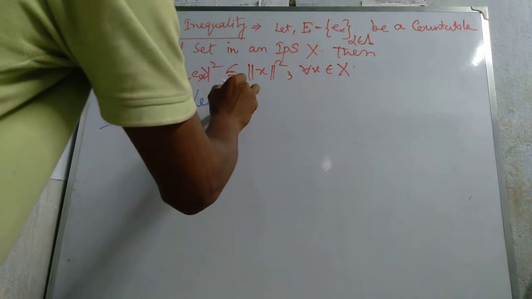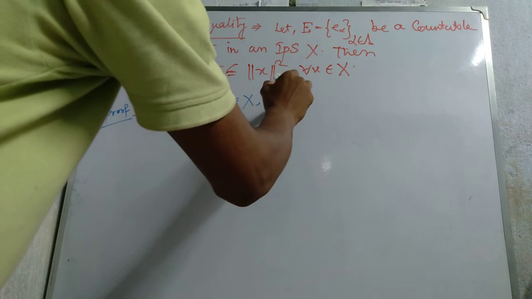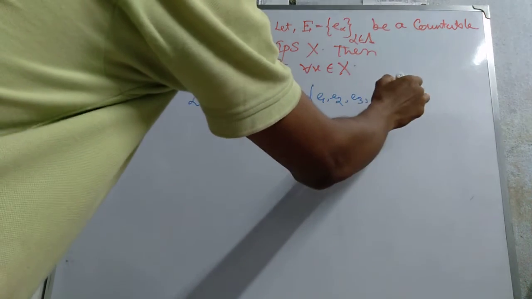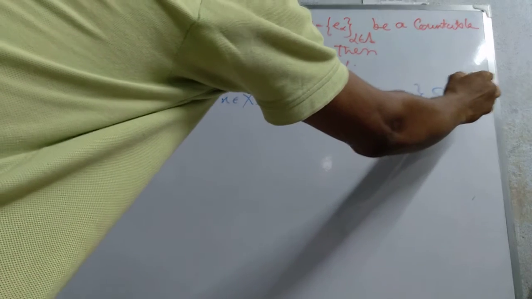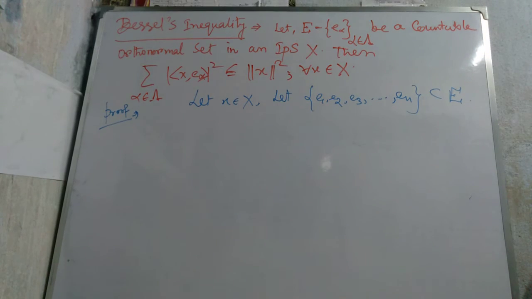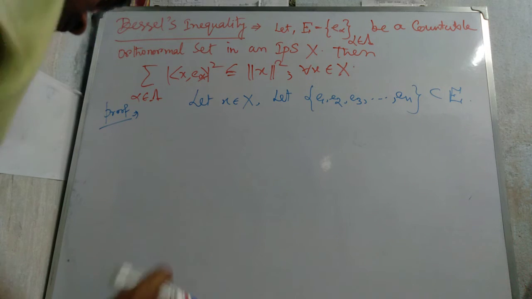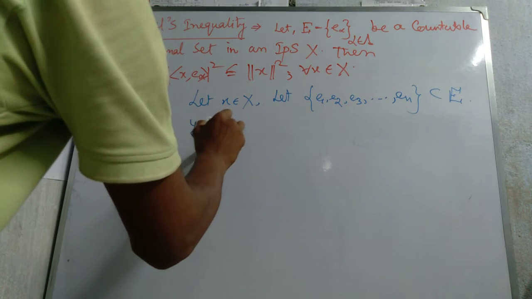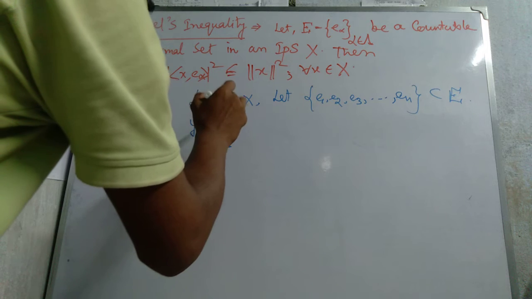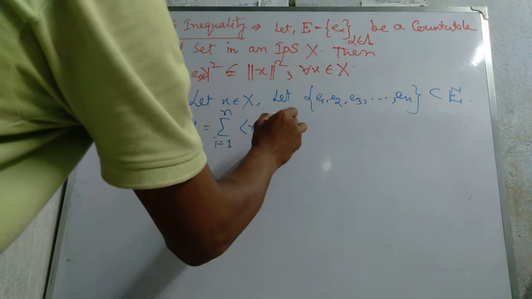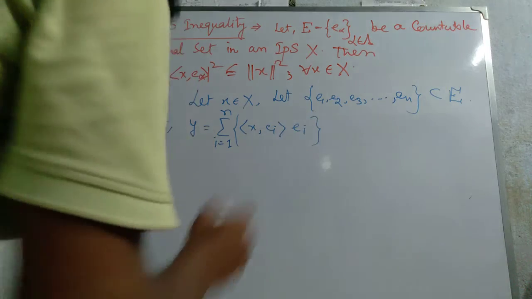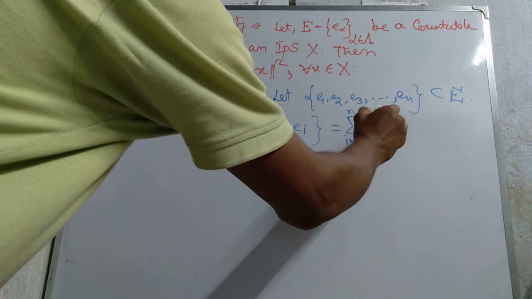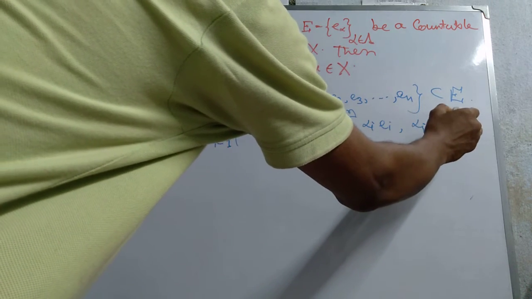Let x belongs to X and let E1, E2, E3, ..., En be a subset of E. Then set y equal to the summation i equal to 1 to n of the inner product of x with Ei times Ei, equal to the summation of alpha i Ei, where alpha i equal to the inner product of x with Ei.